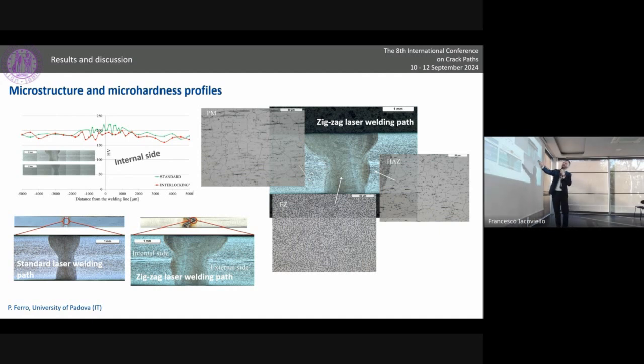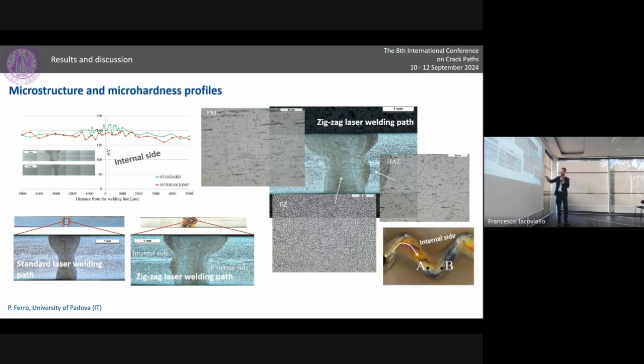You can see that in the internal side, so in this part, the micro hardness is a little bit lower compared to the micro hardness in the external side, and also lower than the micro hardness that we measured in the standard welding.